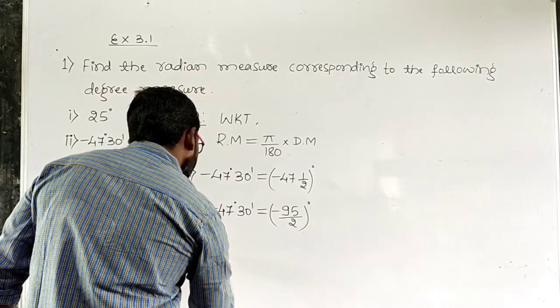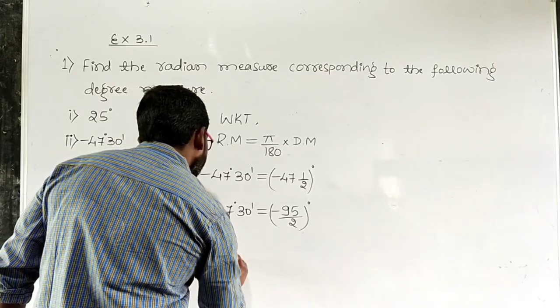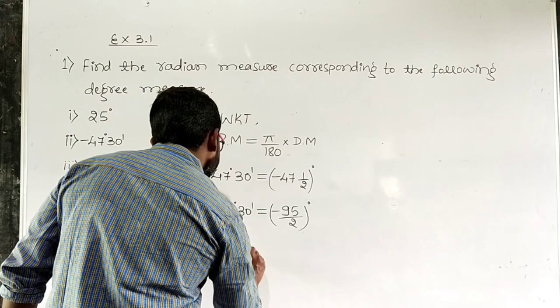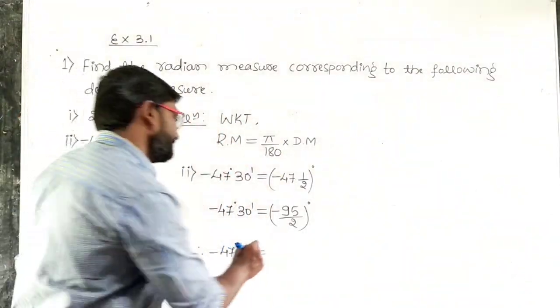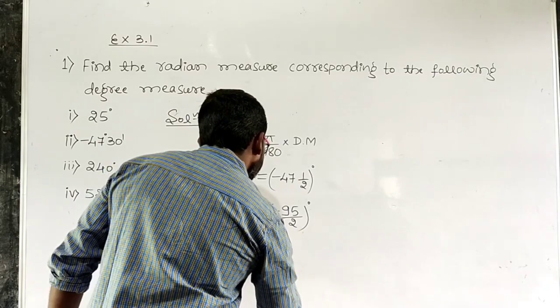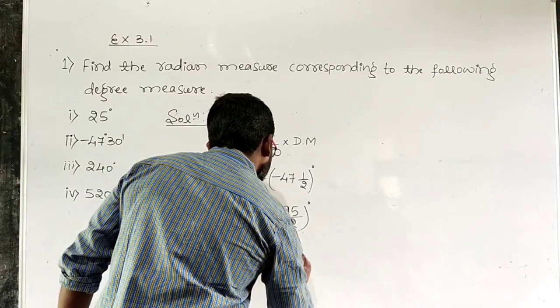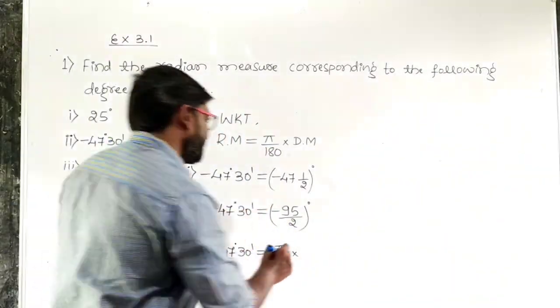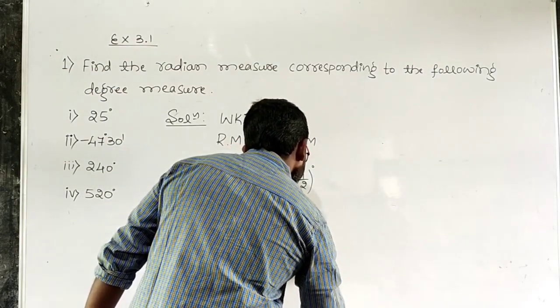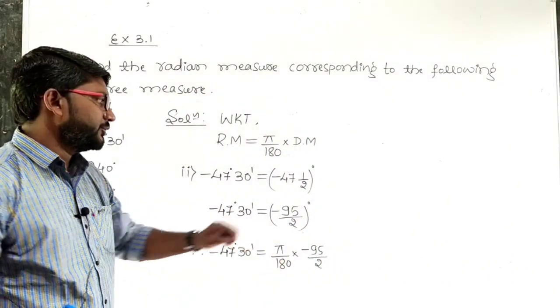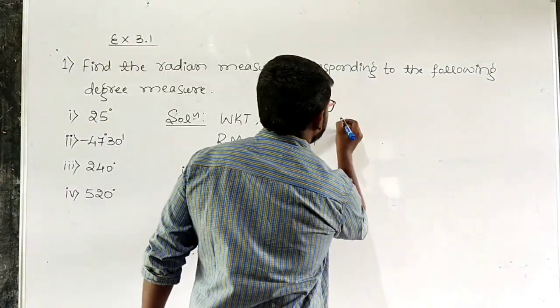Therefore minus 47 degree 30 minutes equals pi divided by 180 into degree measure, that is minus 95 by 2.